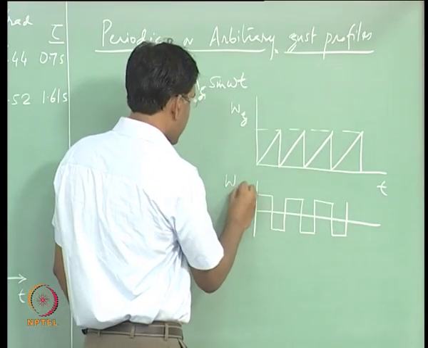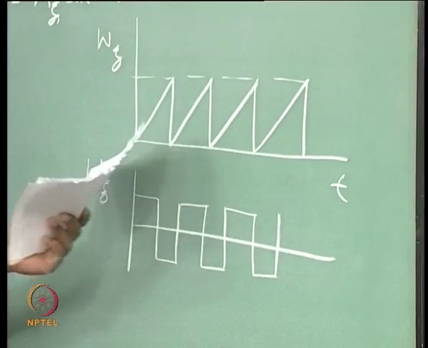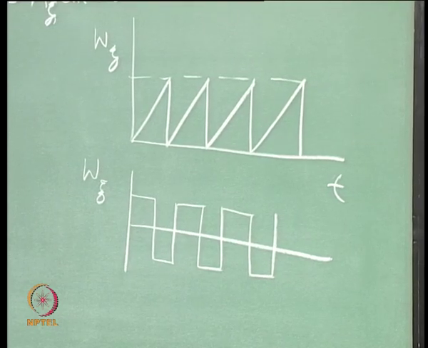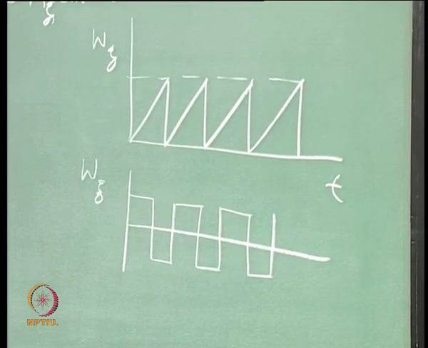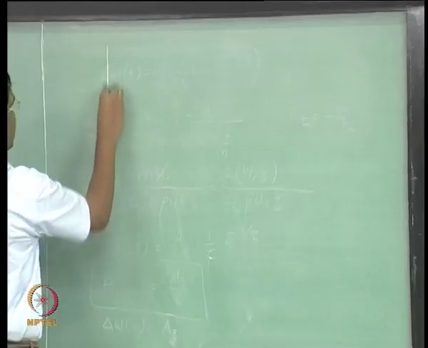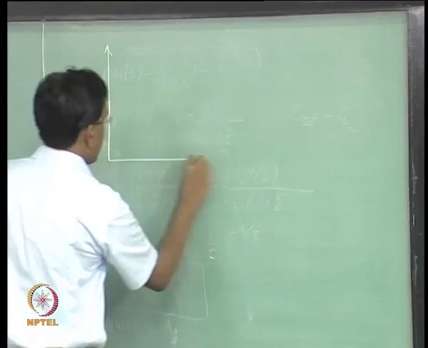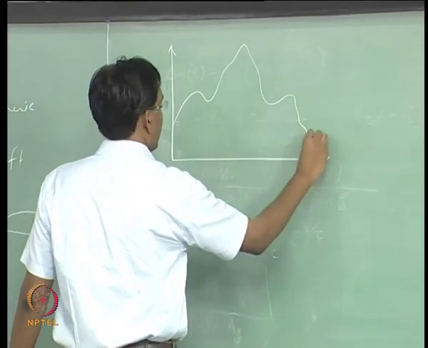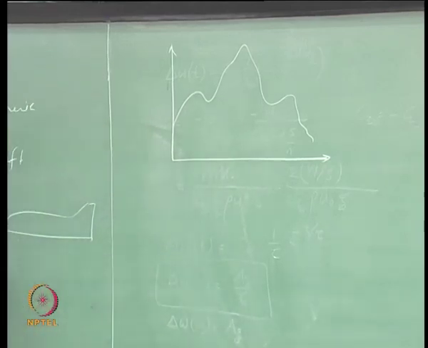But of course, you are not going to see such profiles, right. Wind can have any arbitrary profile and can look completely different from what you are seeing there. So, it could be something like this, right.